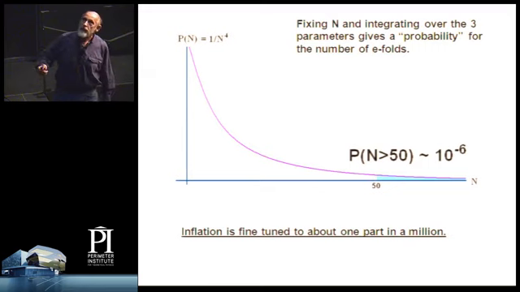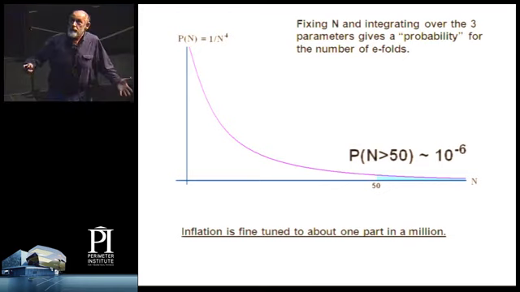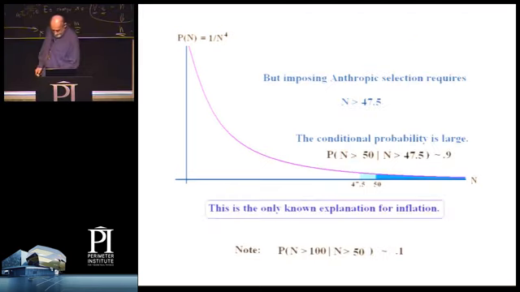The probability to make n e-foldings falls like 1 over n to the 4th. I think that's very characteristic. With almost any kind of measure, you will tend to make a small number of e-foldings, with a diminishing probability for a large number. In particular, the probability for greater than 50 e-foldings is 10 to the minus 6. So in that sense, inflation is rather fine-tuned.